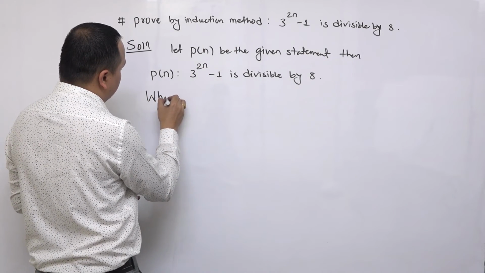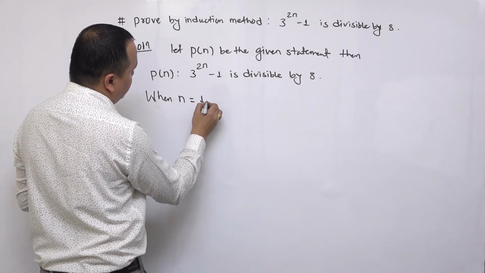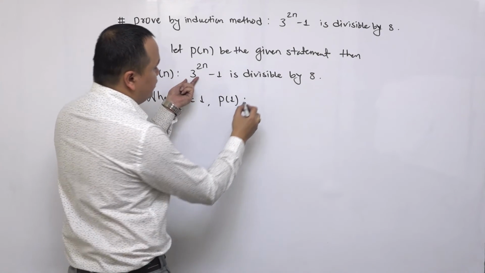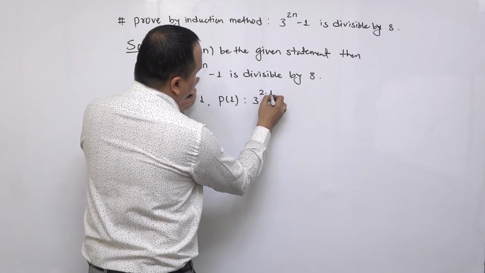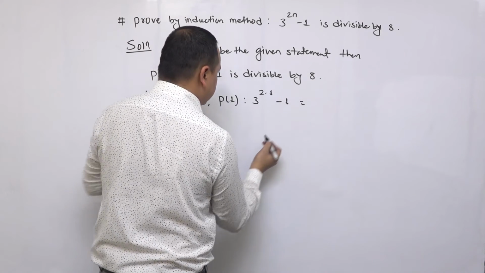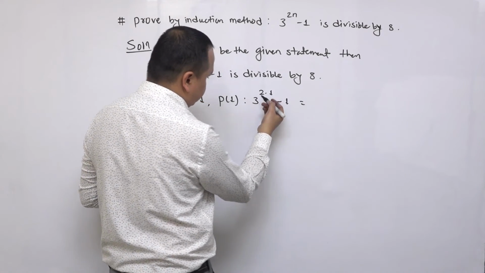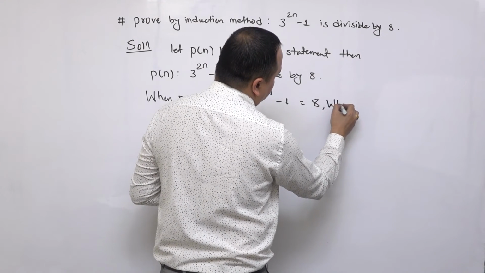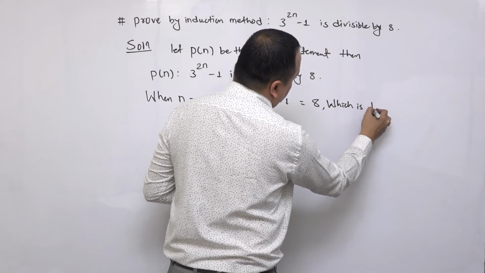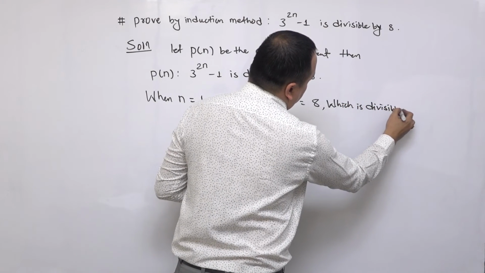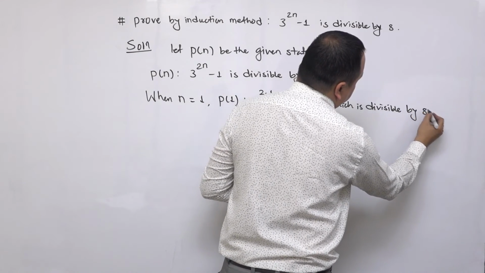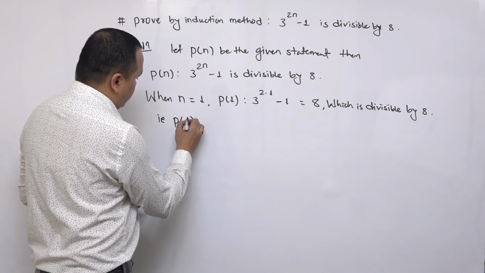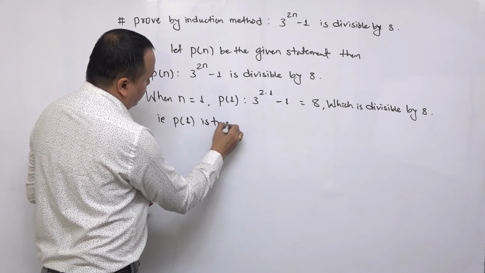When n is equal to 1, we have P1 is 3 to the power 2 into 1 minus 1, 3 square, 9 minus 1, which is 8, which is divisible by 8. That is, P1 is true.